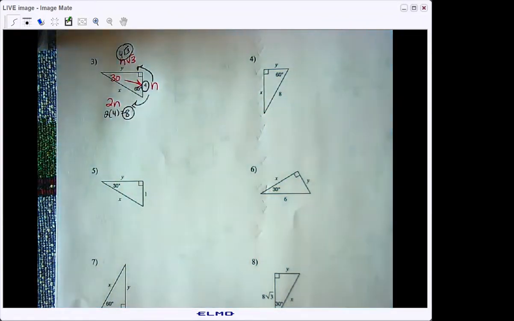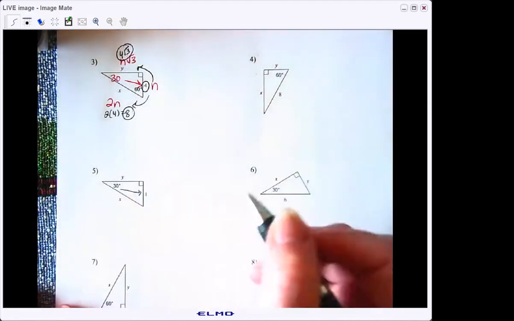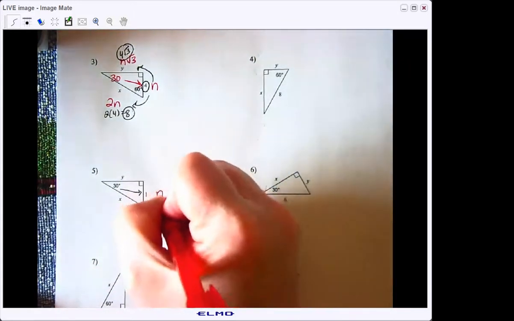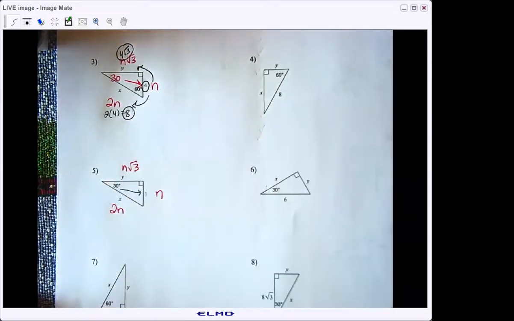Okay, good. Number 5. This one seems a little tricky. We're like, well, it's just a 1. What do we do with a 1? Same thing. This is n, 2n, and then n root 3. So if n is 1, what would my hypotenuse be? 2.